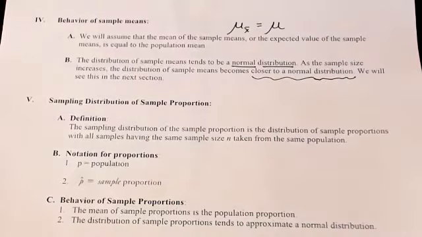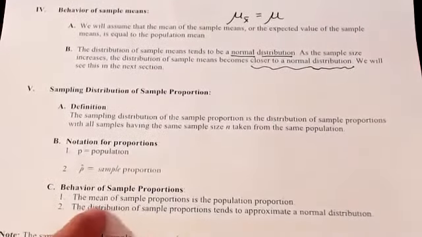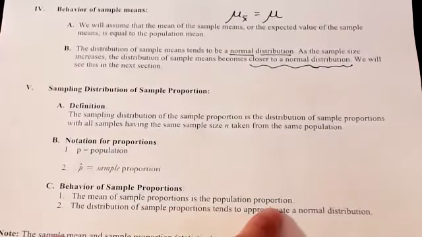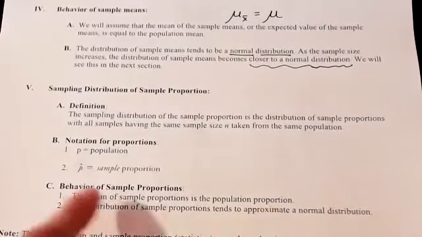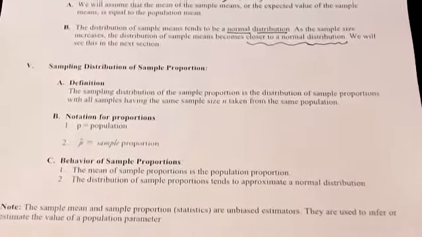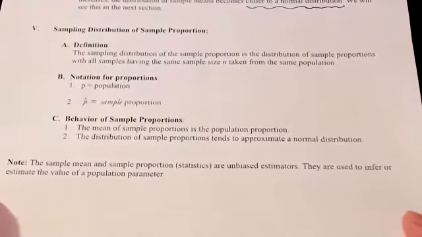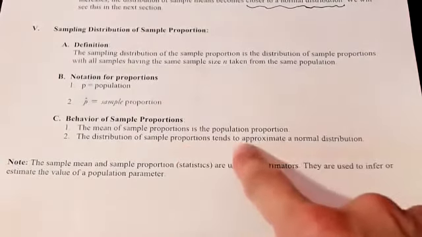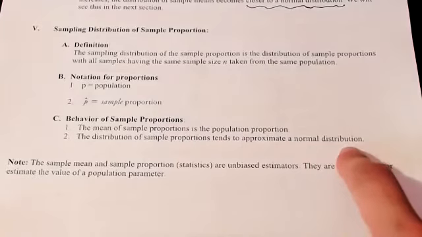Here are some behaviors that you should know. The mean of sample proportions is the population proportion. Next, the distribution of sample proportions tends to approximate a normal distribution. So this is very similar to what we were just looking at. All right.